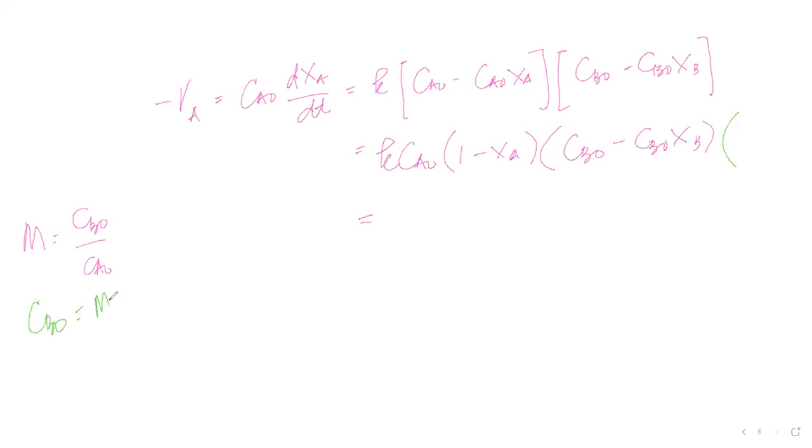CbO is equal to M CaO. Is that what you're trying to say? Yes, miss. Okay. Although it is a different style from Marshall's, I hope you understand what he's saying.